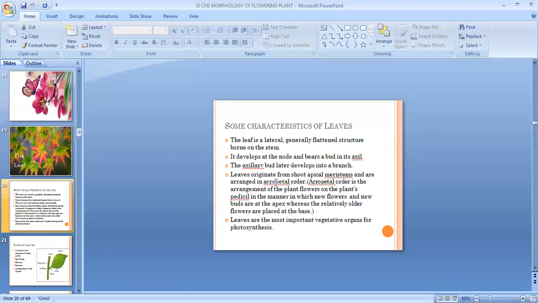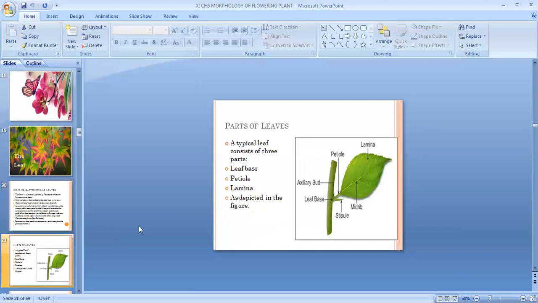And leaves originate from the apical meristem. Leaves are arranged in acropetal order, that means the older leaves are below and younger leaves are on the top. Leaf is the most important part of the vegetative organ as it helps in photosynthesis.